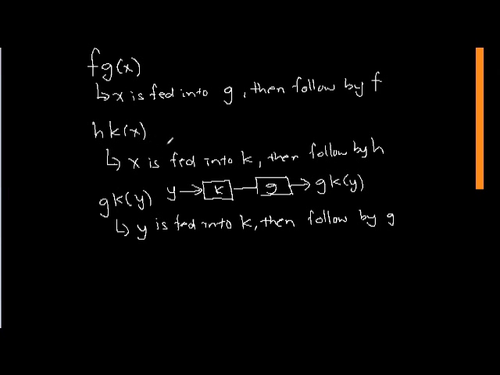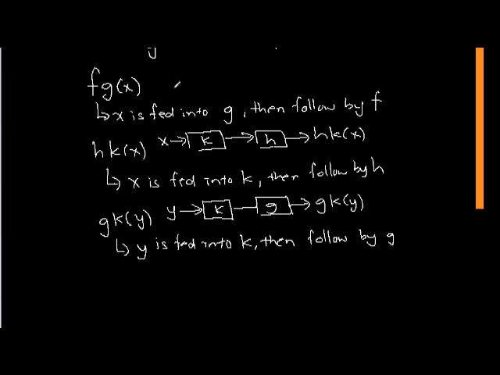For h(k(x)), it can be represented by x fed into k, then followed by h, and the output is h(k(x)). And for f(g(x)), it means x fed into function g, then followed by function f, and the output is f(g(x)).